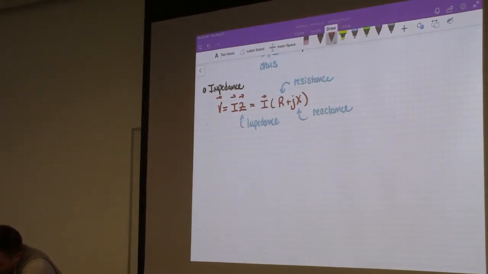There's also an inverse of that. You'll see that Y is equal to 1 over Z. This is called admittance, and that has two parts as well.